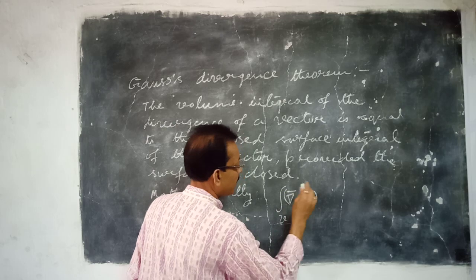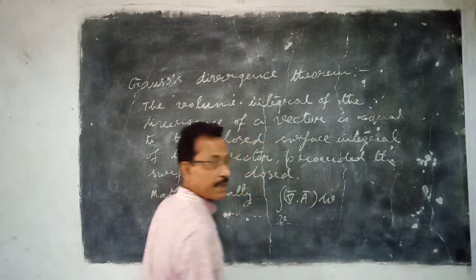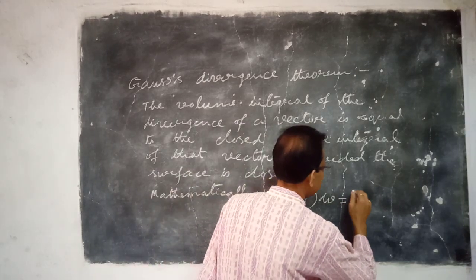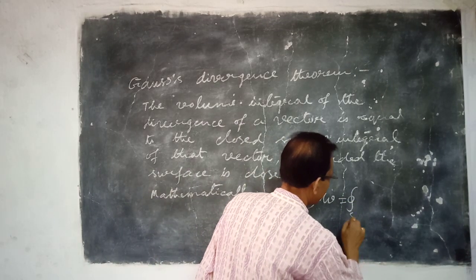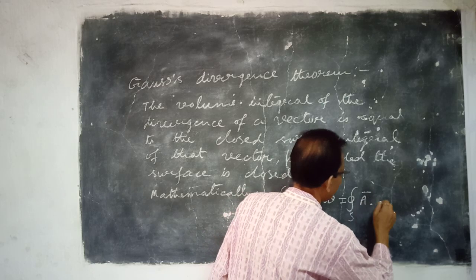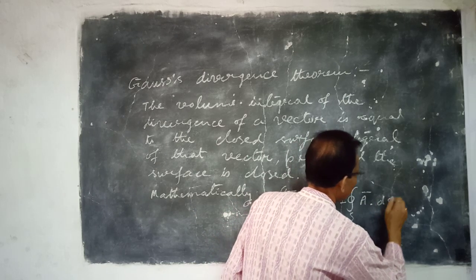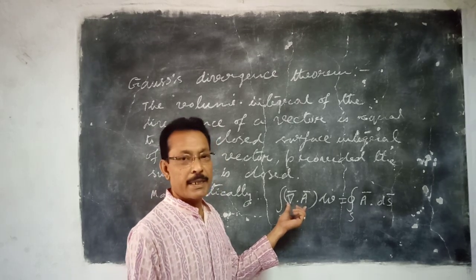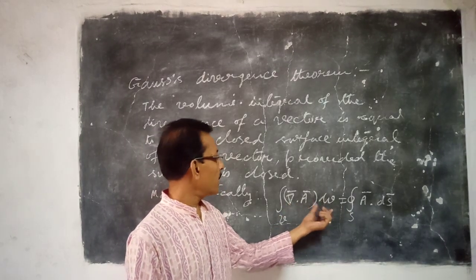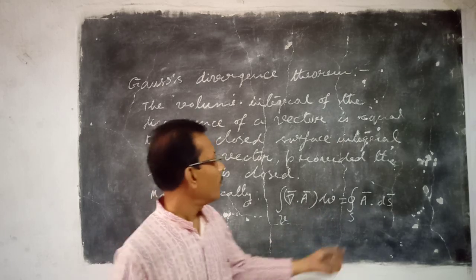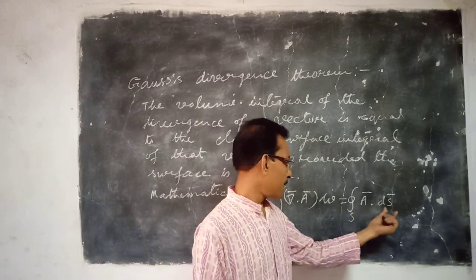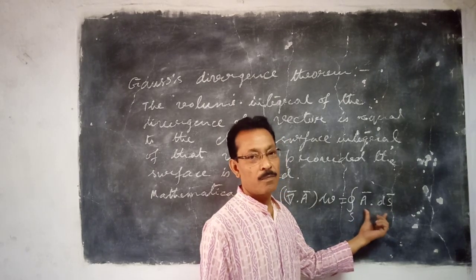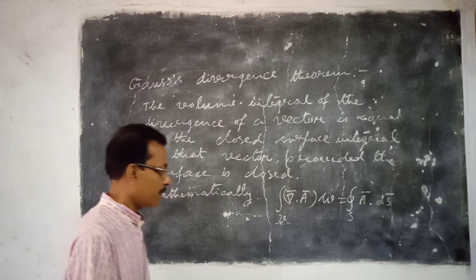The divergence of A and its volume integral is equal to the closed surface integral of that vector, A dot ds. Now divergence of a vector is a scalar quantity, volume is a scalar quantity, so the left hand side is a scalar. A is a vector, surface is a vector quantity, so the dot product on this side is also scalar. Okay, so this is the Gauss's divergence theorem.